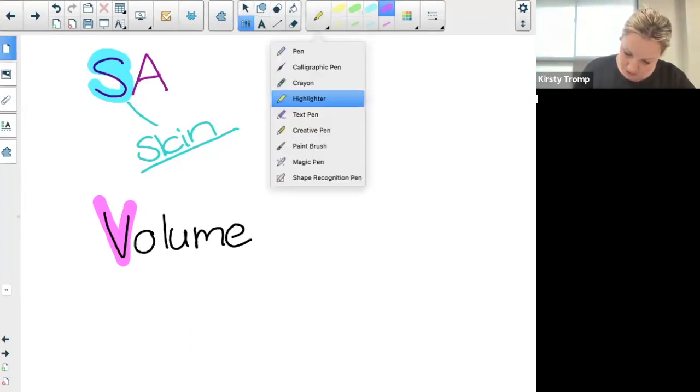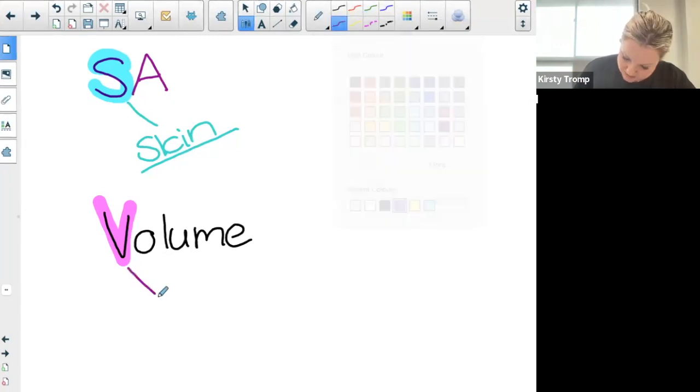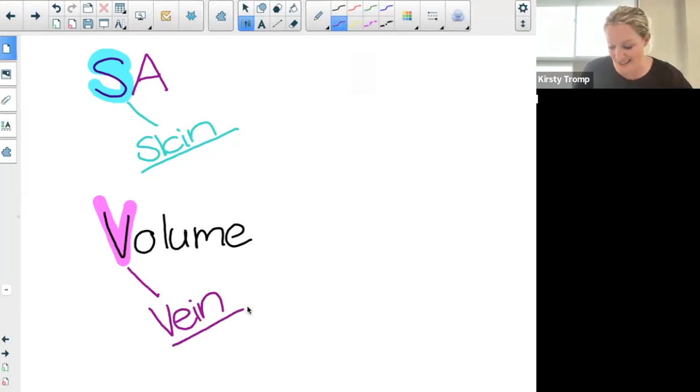So inside your body, you have these things called veins.